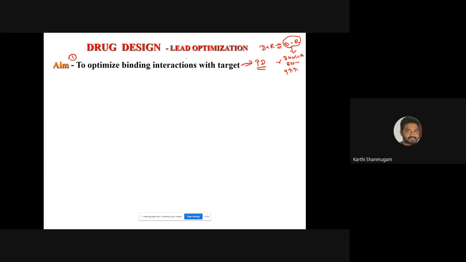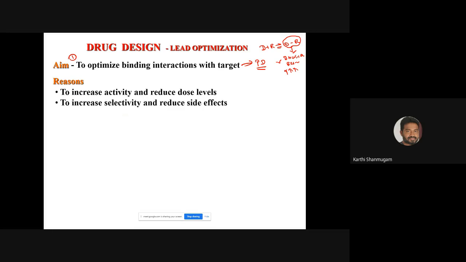It's the first thing. The second reason is that we can increase the activity and reduce the dose level, and increase the selectivity and reduce the side effects. No need to worry much about this, right? I'm going to give a lot of examples to make you understand.